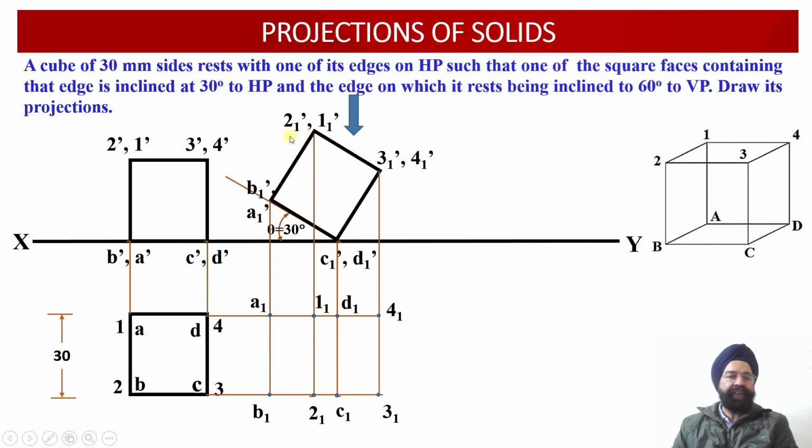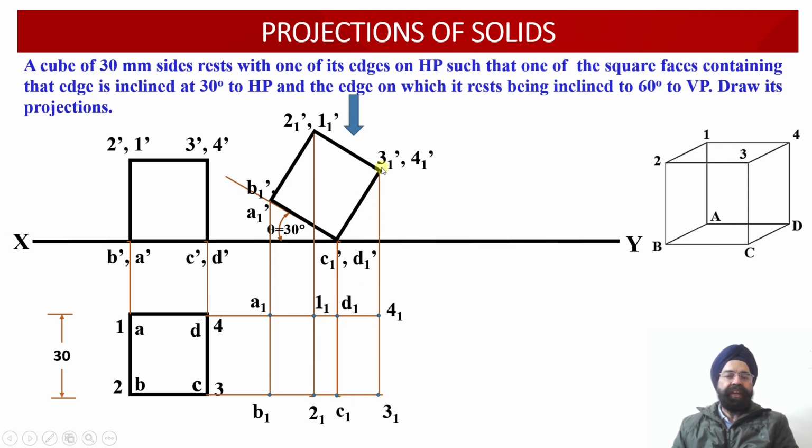Similarly, wherever the vertical projector line drawn through the point 2, 1 dash intersects with the horizontal projector line drawn through the point 2, we obtain the point 2, 1 over here. Similarly, wherever the vertical projector line drawn through the point 3, 1 dash intersects with the horizontal projector line drawn through the point 3, we obtain the point 3, 1 over here.